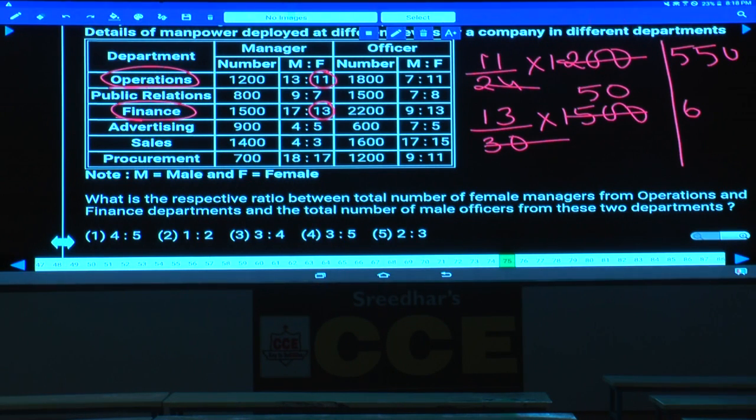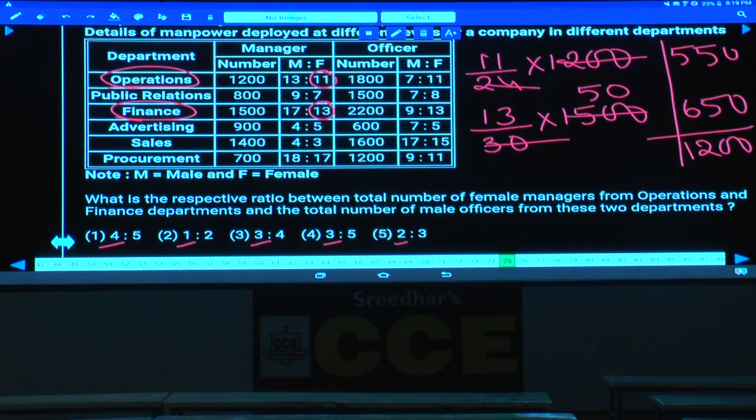This is 650. Total 1200. So female employees are 1200. Right. Your first number in every option is a factor of 1200. So you cannot eliminate any option. We have to calculate the other number also.